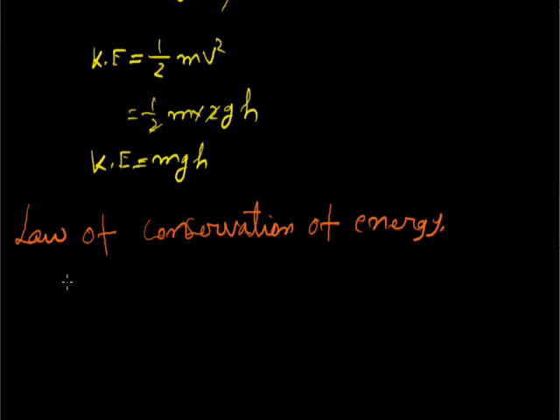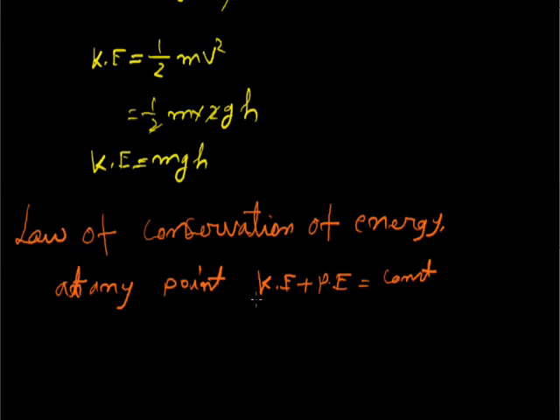It means we can say at any point kinetic energy plus potential energy is equal to constant, or we can say at any point K1 plus U1 is equal to K2 plus U2 at any other point, where K1 and U1 are initial kinetic and potential energy and K2 and U2 are final kinetic and potential energy, and the sum of this is also known as mechanical energy.